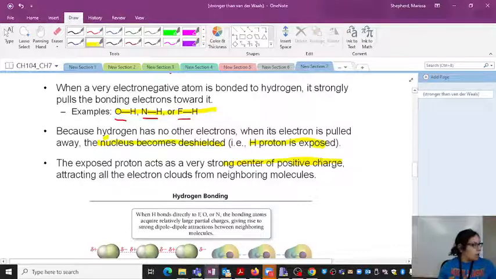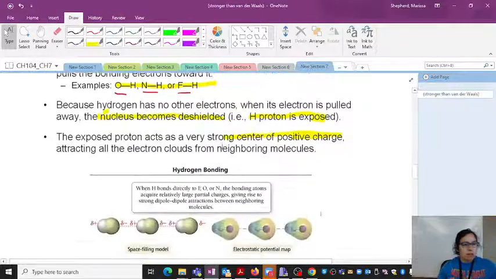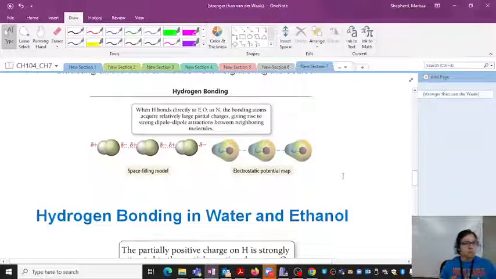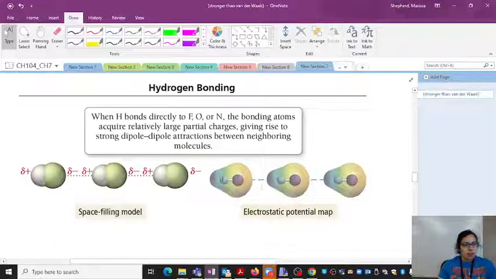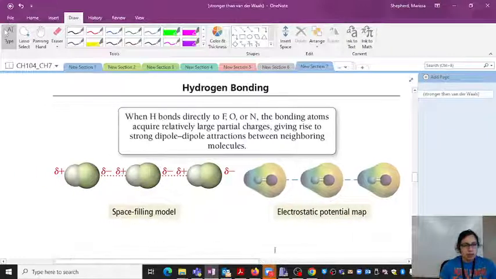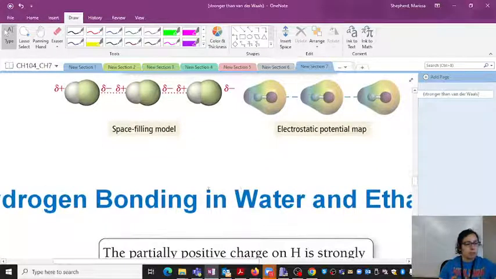So you would put your partial positive charge around that hydrogen. And of course, that would attract the partial negative charge of your electron clouds from your neighboring molecules, such as your neighboring water molecules. So here's our electrostatic potential map. Again, just looking at this hydrogen bonding, it's like HF, so very strong intermolecular forces.